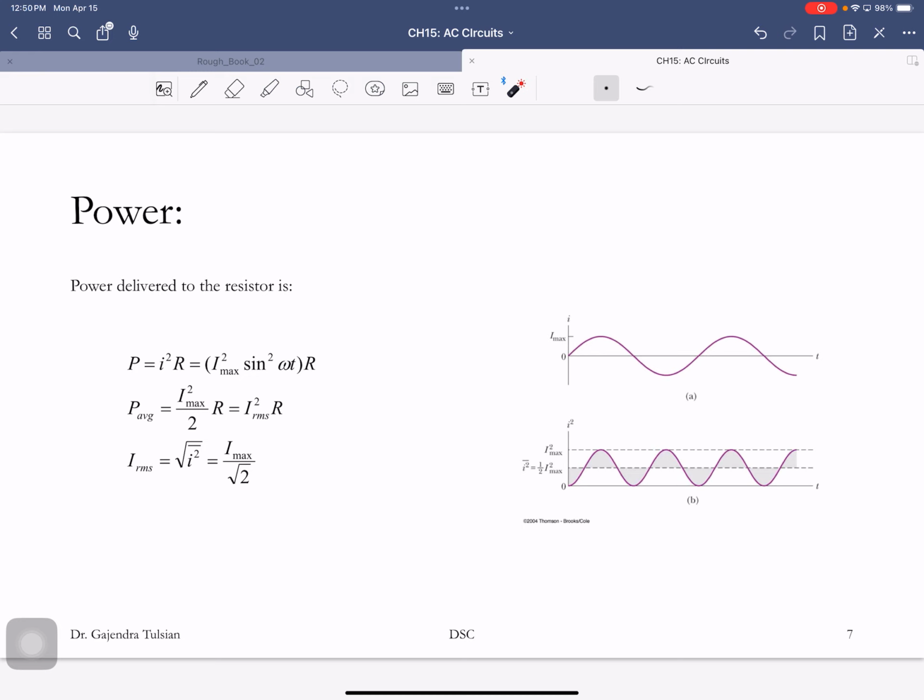That's what this means. Your bulb is flickering 120 times a second. Why don't you see the bulb flicker?